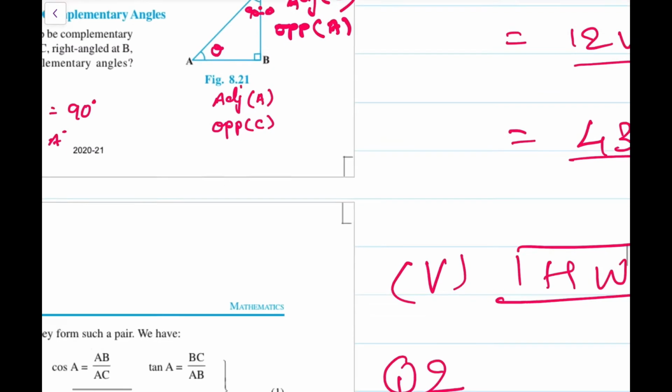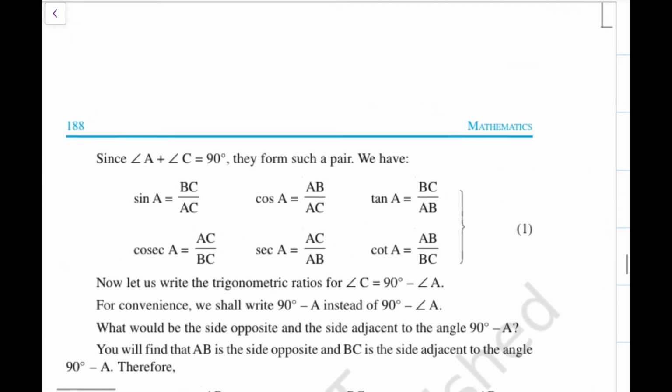So, sine A is BC upon AC, cos A is AB upon AC, tan A is BC upon AB, cosec A is AC upon BC, sec A is AC upon AB, cot A is AB upon BC.